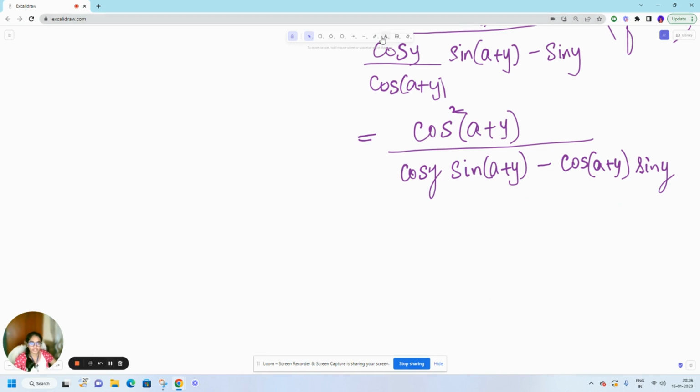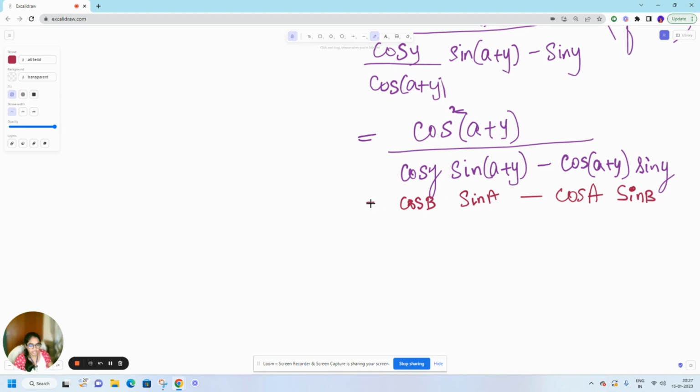Yes, if you observe here in the denominator, we have a formula. Which formula do we have? We have sine a cos b minus cos a sine b. Which formula is this? This is our sine of a minus b formula.